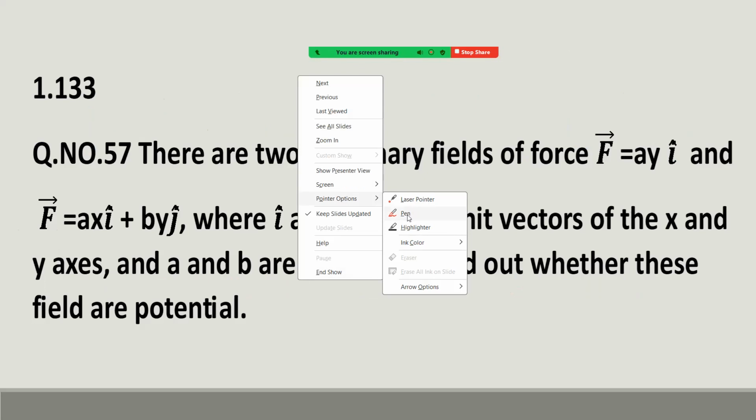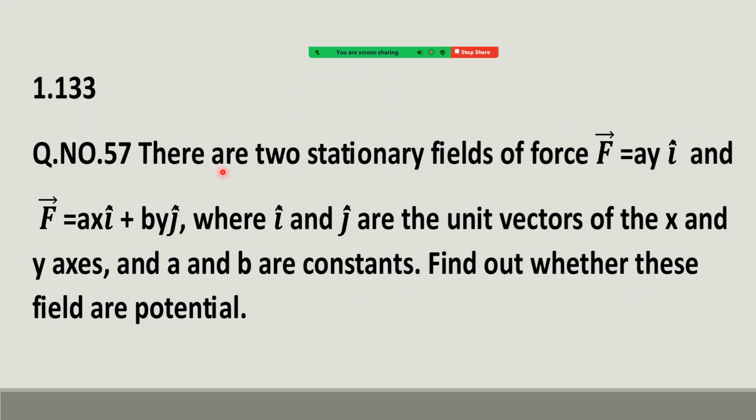Let's see the question given. There are two stationary fields of force, F bar equal to Ay i cap and F bar equal to Ax i cap plus By j cap, where i cap and j cap are unit vectors of the x and y axis and A, B are constants.